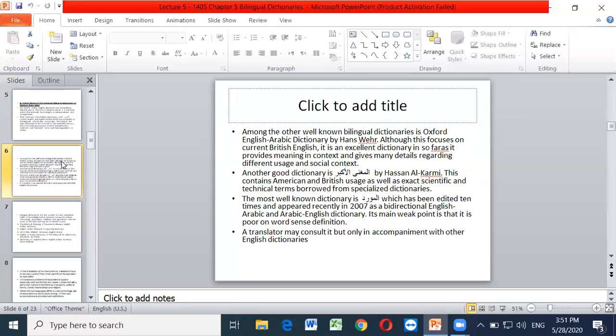A translator may consult it, but only in accompaniment with English dictionaries. That is, a translator may use an English-Arabic or an Arabic-English dictionary, but only together with a general monolingual English dictionary.